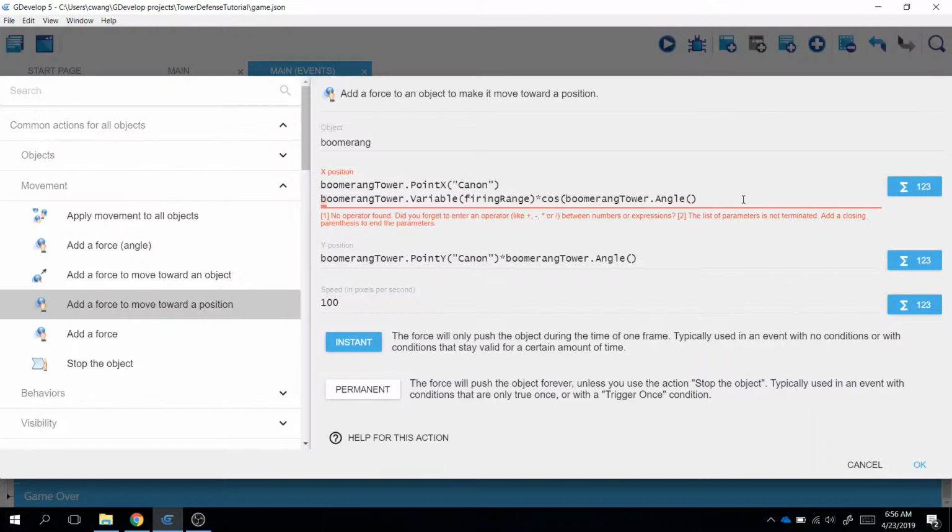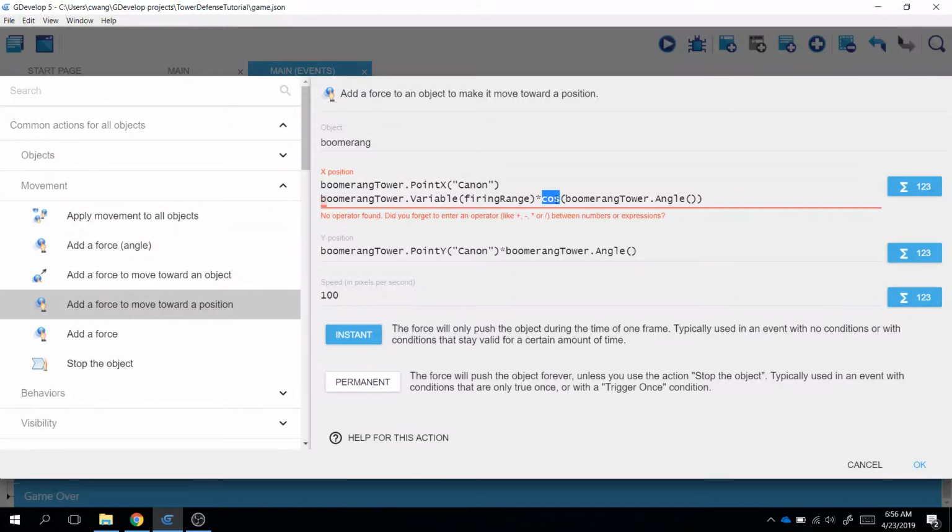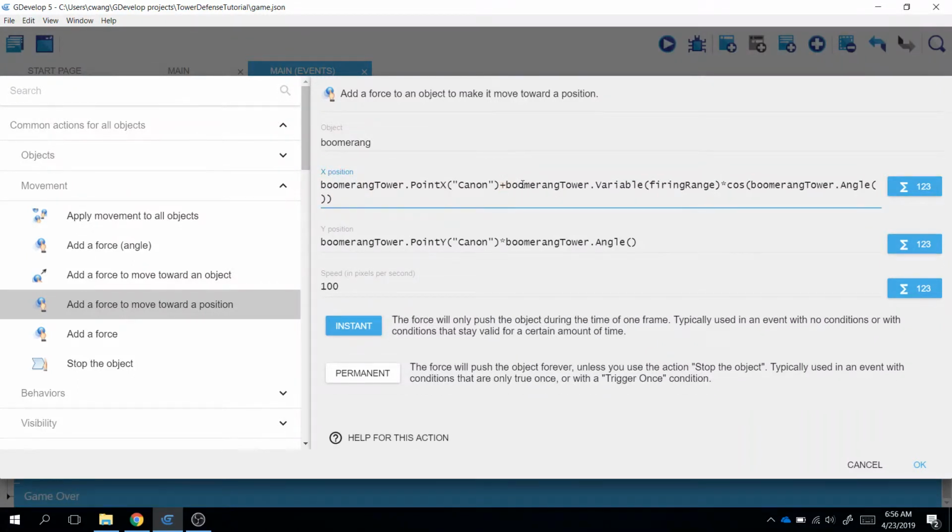Oh, my computer froze. But by multiplying the cosine of the angle by the hypotenuse, which is the firing range, that should give us the x offset. And I'm going to go ahead and add it to the x position.